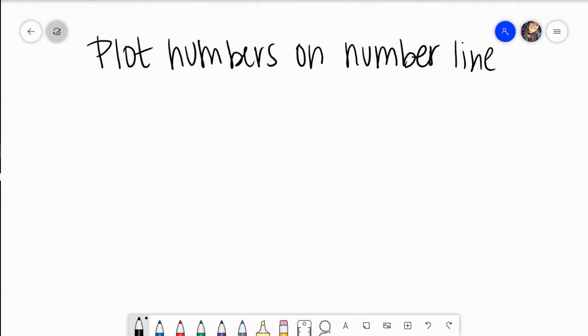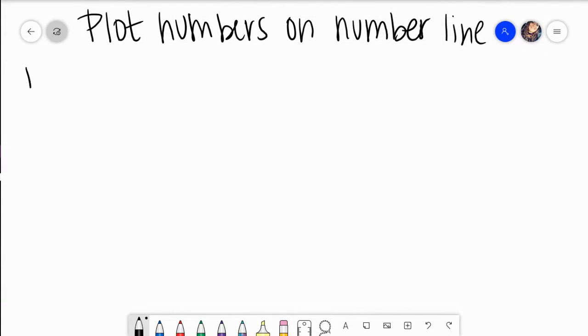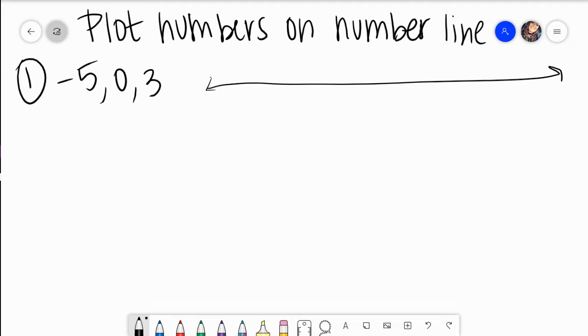It'll say plot these numbers on a number line: -5, 0, and 3. So again, on the homework, it'll already have a number line. I just randomly threw some numbers up there, enough to where I know I'm going to have enough.